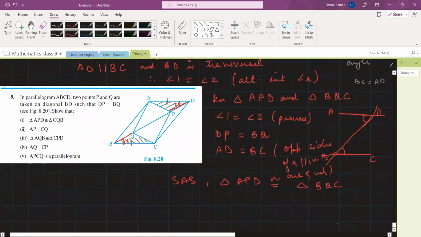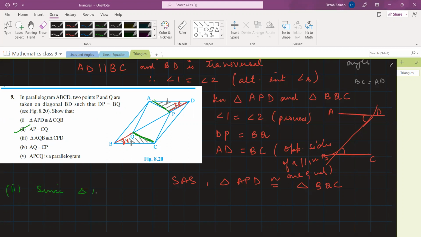Done? Done, ma'am. Now, second part. You have to show AP is equal to CQ. Now, AP is part of this triangle only. This is the side AP and this is CQ. So from CPCT, you can say they are equal.